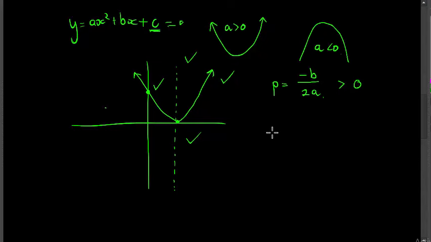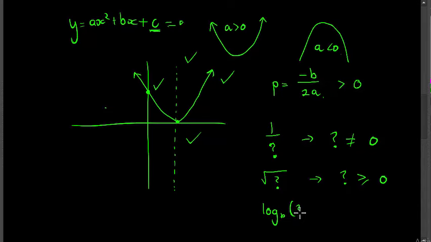Theory, 3 domain rules. 1 over something, then something may not equal 0. What's the other one? Square root of something, then something must be bigger or equal to 0. And then log base of something, then this something must be bigger than 0.